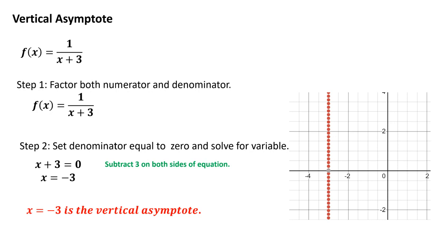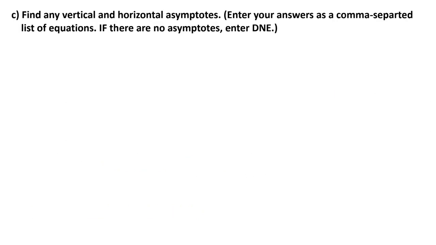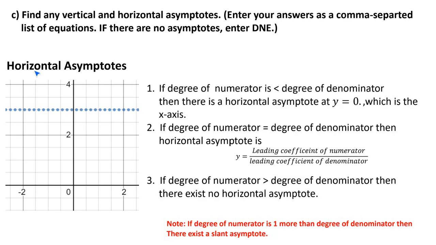Let's check for a horizontal asymptote. If we were to graph it for the vertical one, it would look like this picture here. The horizontal asymptote is represented with a horizontal line, and there are 3 different possibilities. The first one is if the degree of the numerator is less than the degree of the denominator, then we're going to end up with a horizontal asymptote of y equals 0.